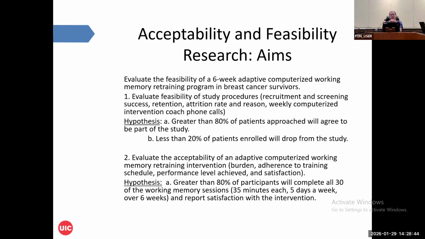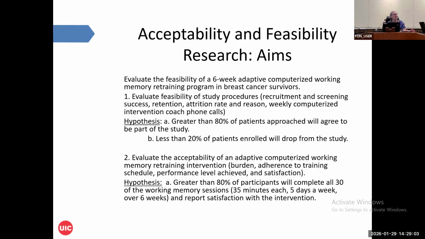So here you could see the hypothesis is that greater than 80% of participants will complete all 30 working memory sessions. And each session was 35 minutes, 5 days a week over 6 weeks.